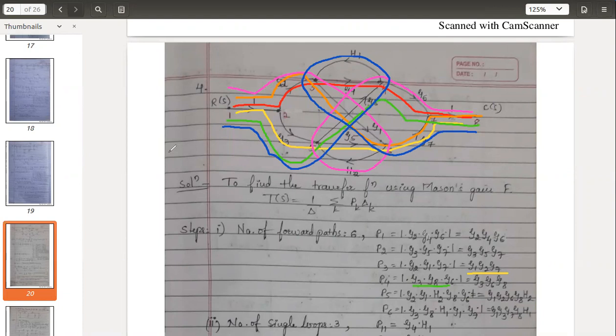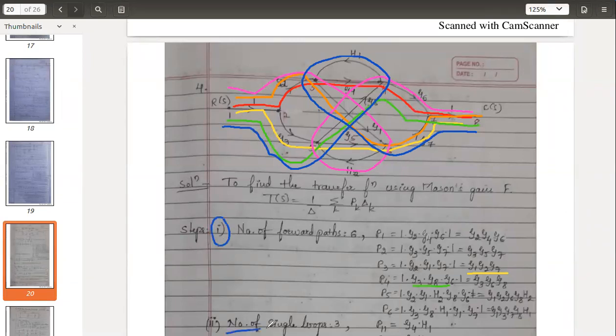It may be hectic initially, but you can understand it well. Every time take a new figure and draw. So these are the 6 forward paths I have identified. That is your step number 1.